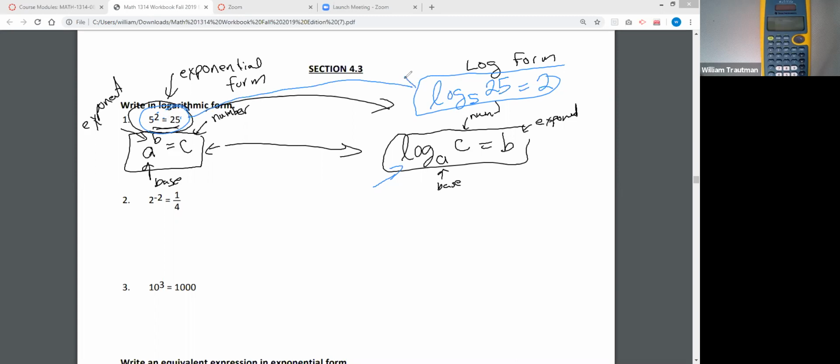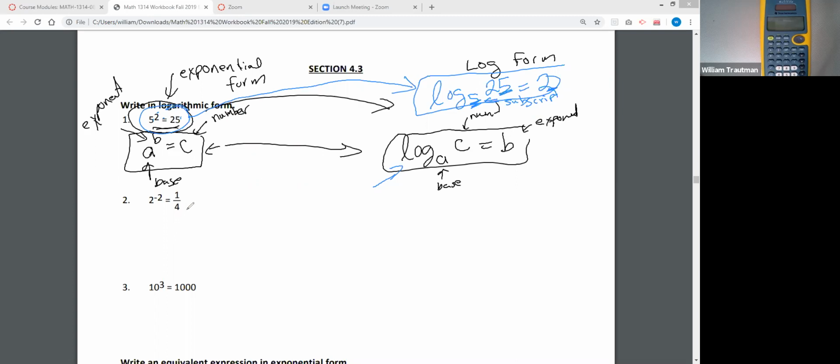To change it to the log form, this is what it looks like. And the way I always say it is 5 to this power equals this number. Log 5. This is a subscript. So you'll see that when you're doing the homework, that's a subscript. It's not a power, it's a lower level.